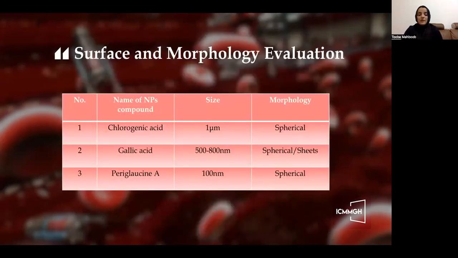Here's a table on the morphological characteristics of chlorogenic acid, gallic acid, and periglossine A nanoparticles. The maximum size was shown by the chlorogenic acid nanoparticle, at 1 micrometer, whereas the gallic acid nanoparticle had a size of 500 to 800 nanometers, and the periglossine A nanoparticle was reported to have a size of 100 nanometers.